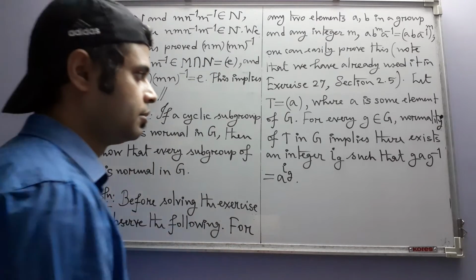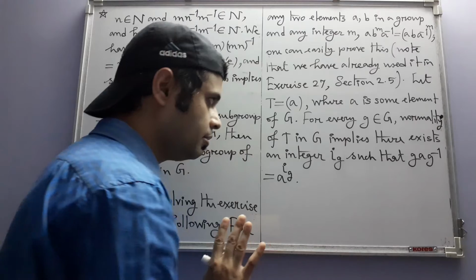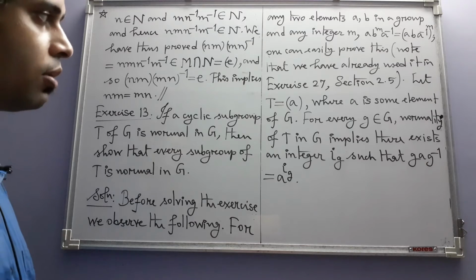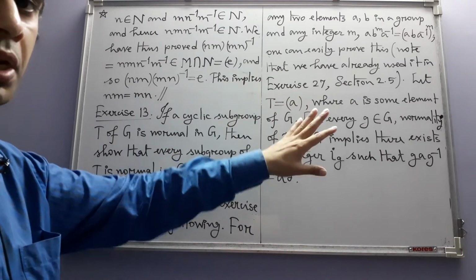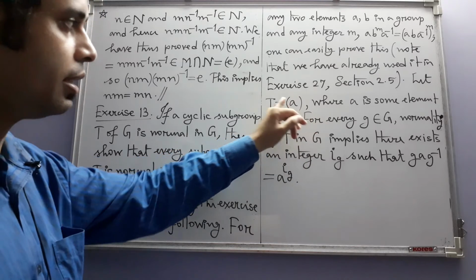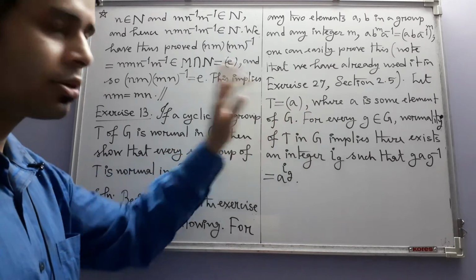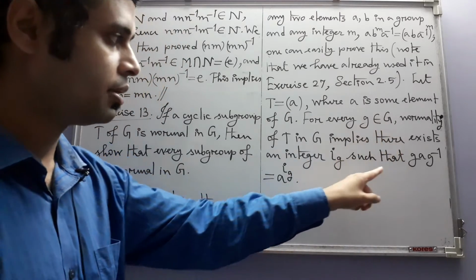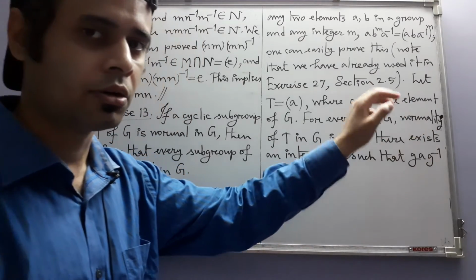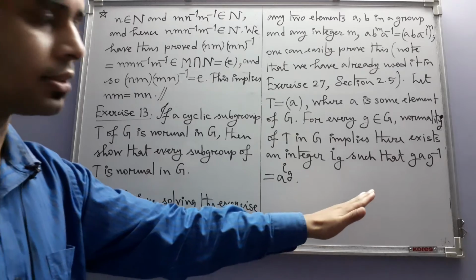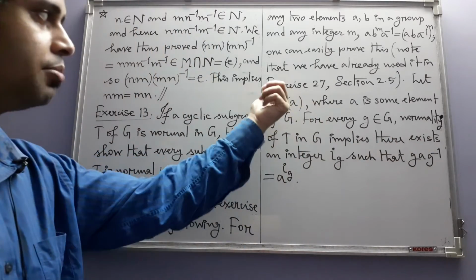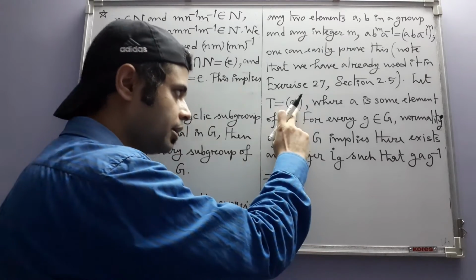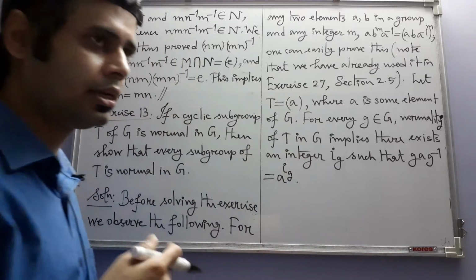Why? You see, since T is normal in G and a being the generator of T, or a generator rather, I should say, because T may have other generators also. So being a generator of T, a belongs to T. So if we are taking an arbitrary element from the group and we are forming this product, then normality of T in G would tell us that this product is again an element of T. Again an element of T means this product will be an integral power of a, since every element in T is an integral power of a.